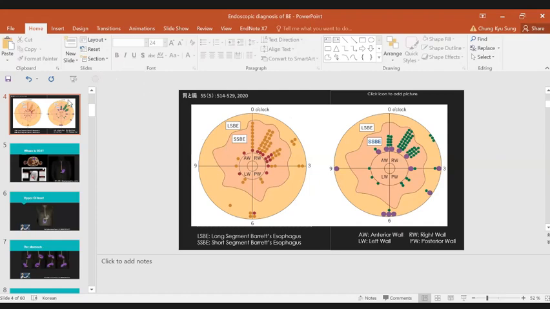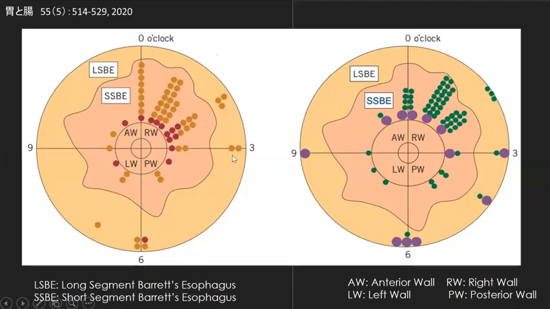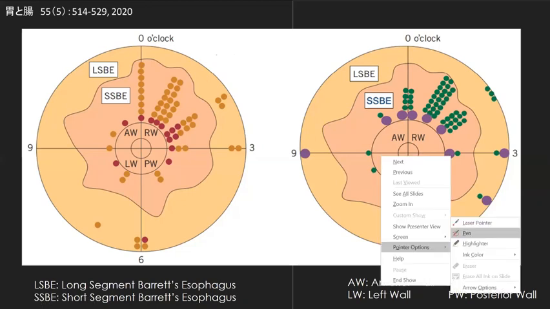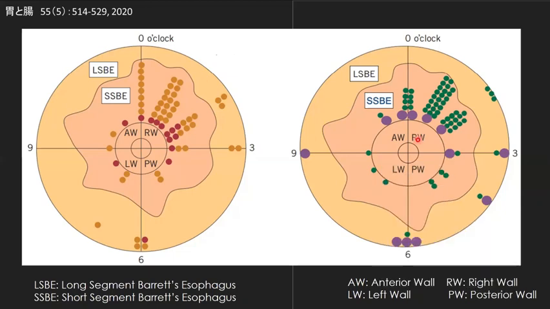So whenever we perform endoscopy, we need to write down if the pathology is on the right wall or the left wall or the posterior wall or the anterior wall. Thank you so much, Professor Dirk. Professor Dirk mentioned that one of the treatment options for GERD patients, we do our best, ask patients to lie on their left, not right.